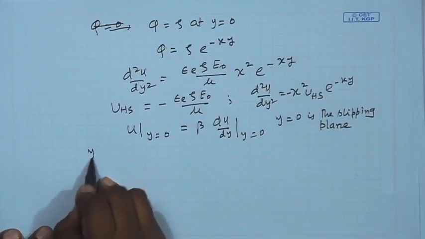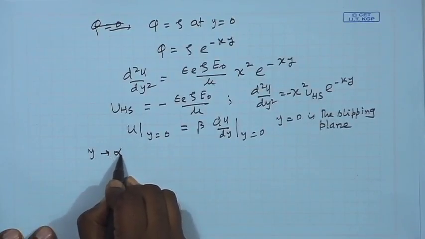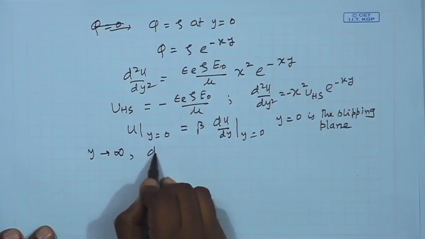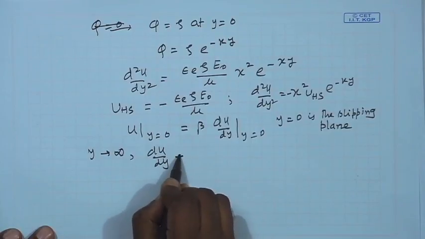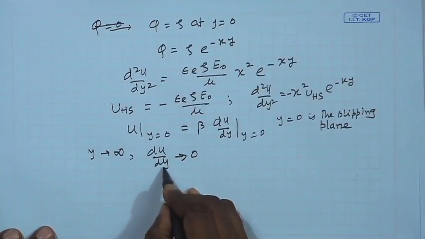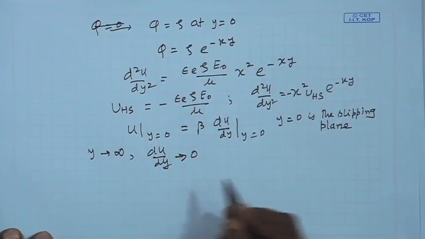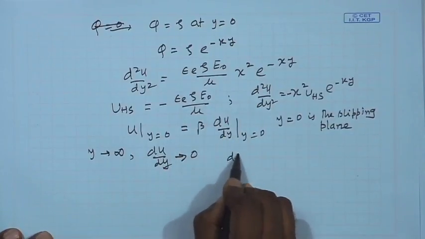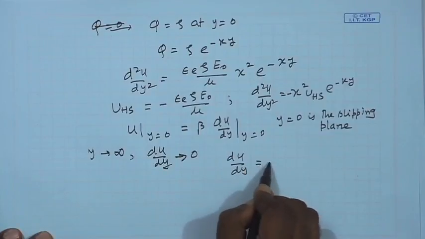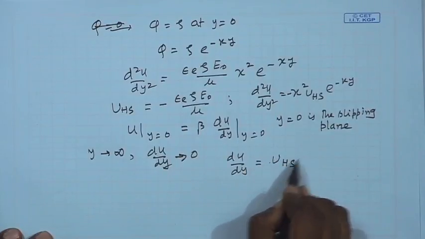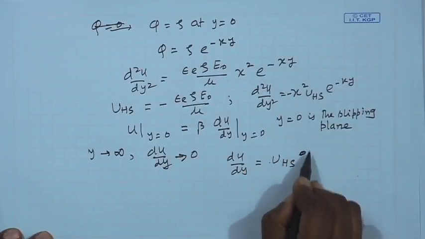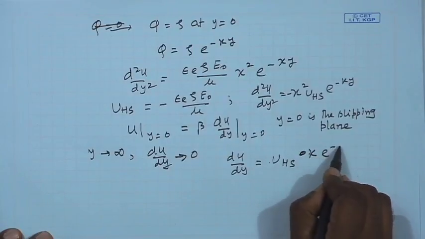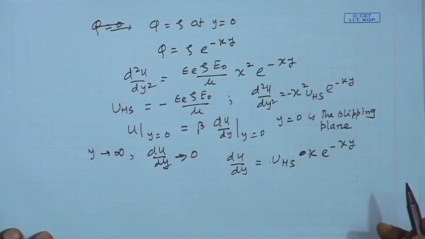And far away, that is y tends to infinity, du/dy tends to 0 because the velocity gradient vanishes. So if I integrate once, we get du/dy equal to UHS kappa e to the power minus kappa y, because the constant of integration vanishes.